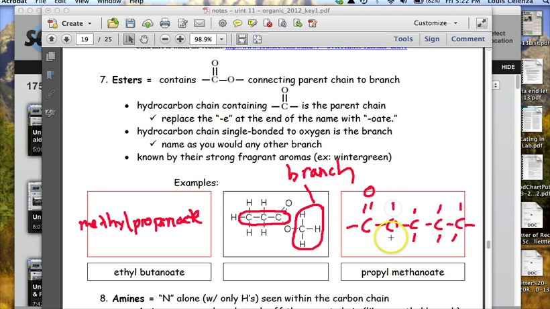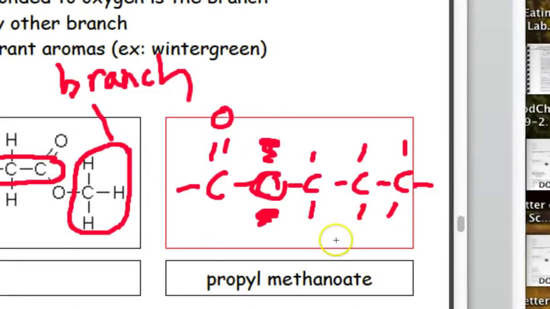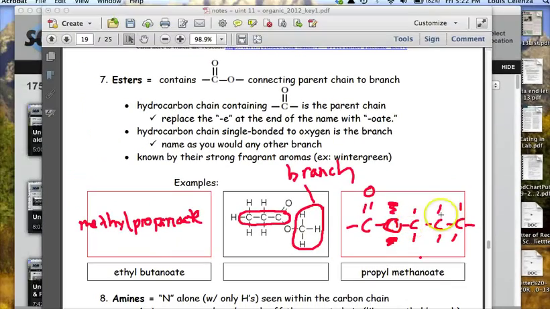That would have to have 2 more bonds. So this would be propyl. I'm sorry, this is an oxygen, so that wouldn't be 2 bonds. Sorry about that. So this is the oxygen. That's the branch. That's propyl. And methanoate comes from the fact that there's just one carbon in the parent chain. And those are esters.